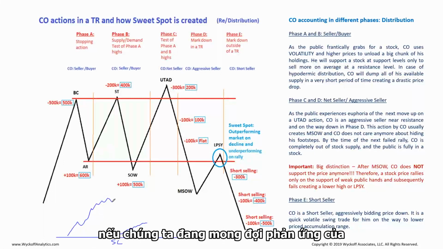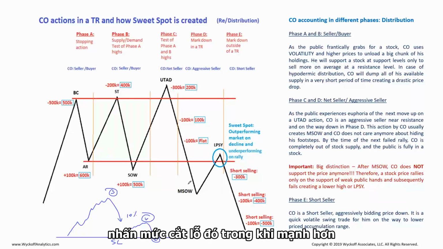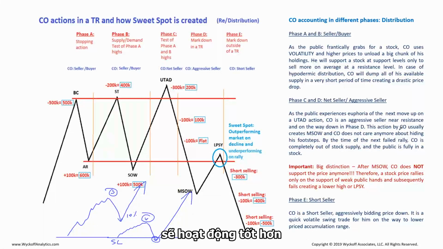If we are expecting the reaction of, let's say, the same size, maybe like 10%, the second one might actually, just because of underperformance, hit that stop loss, whereas the stronger asset might have a more favorable reaction, and then the resumption of the trend. So from this perspective, the outperforming asset is going to outperform on the way up and on the way down, and therefore a sweet spot.